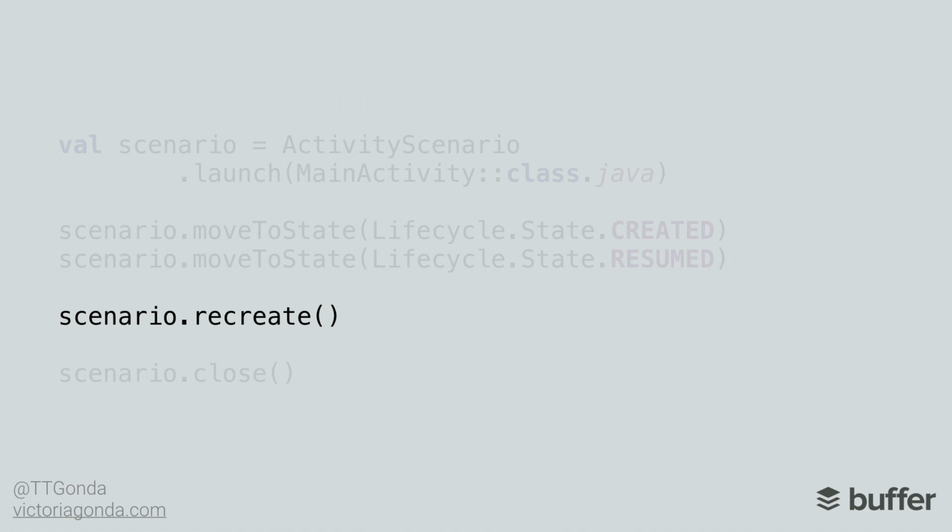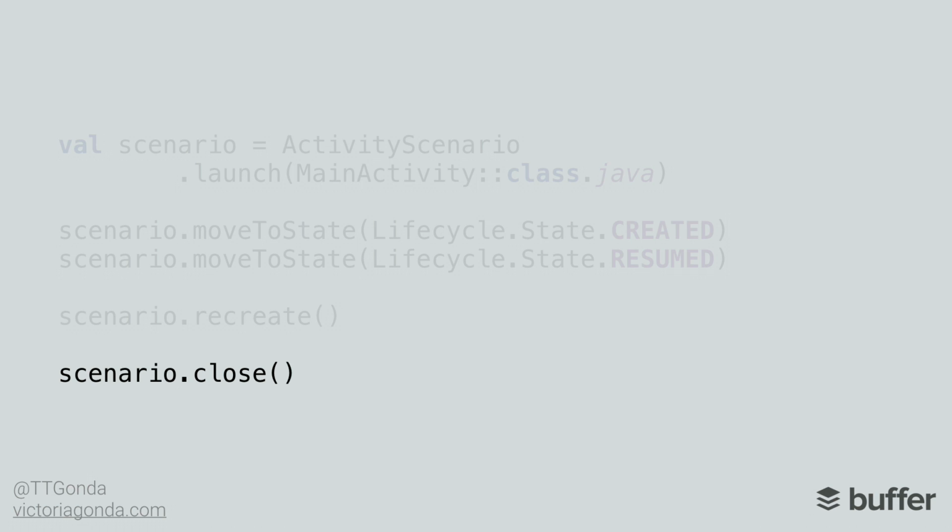It sounds to me like this can be a way to test how your app behaves with configuration changes, but I have not verified that. And then one last thing here is you can use close to free all the resources and bring the test to their initial state. It's recommended that you do this if you're not using the scenario rule to avoid flaky tests.